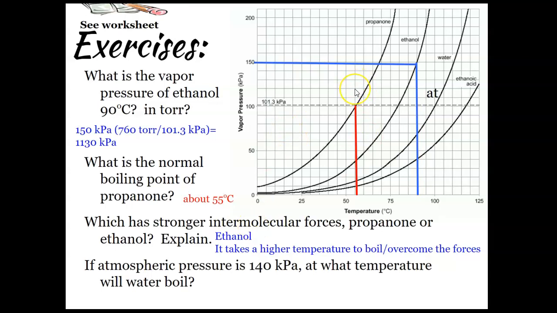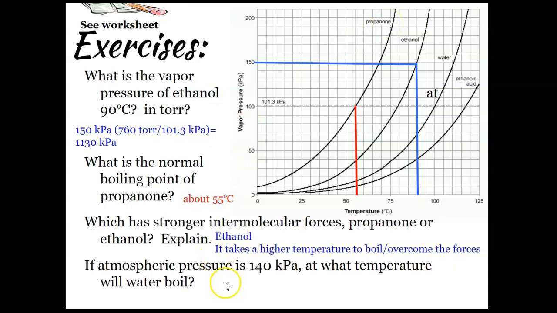The boiling point at normal for propanone is 55, whereas ethanol is up here at 80. Water is all the way up here at 100, where ethanoic acid is even higher at 117, I want to say. So this one has the strongest forces, while this one has the weaker forces.